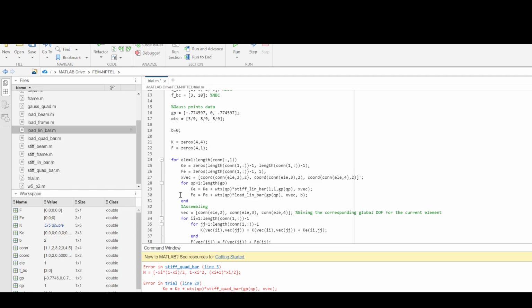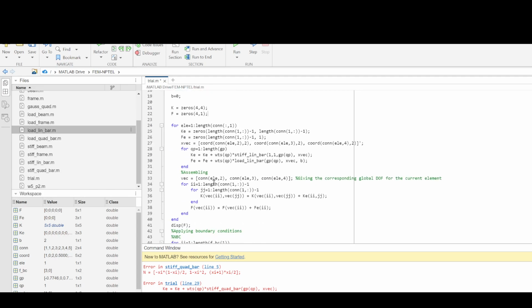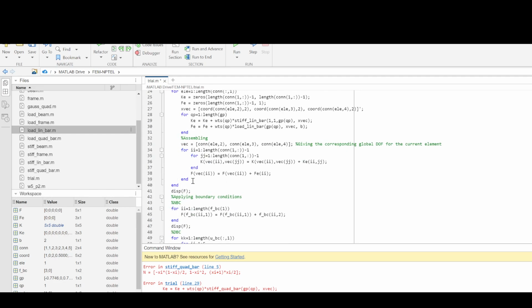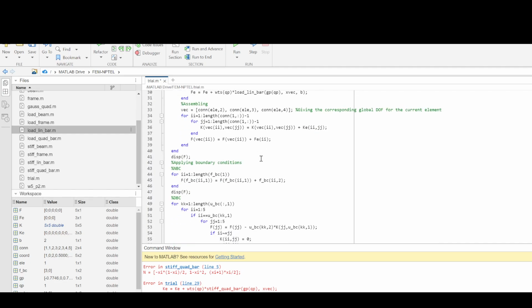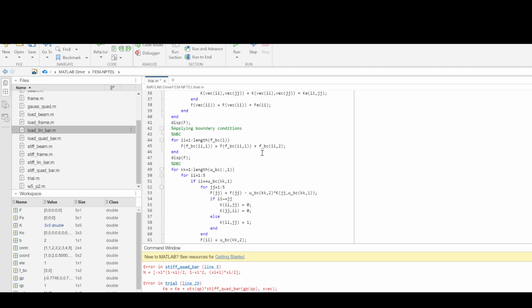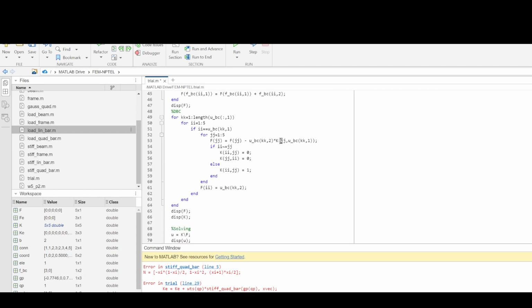We'll have the K and F evaluated for each element, and the respective K and F would be added to the global matrix and vector. And then we apply the boundary condition. I hope there's no issue with that. I'll try to run and see.